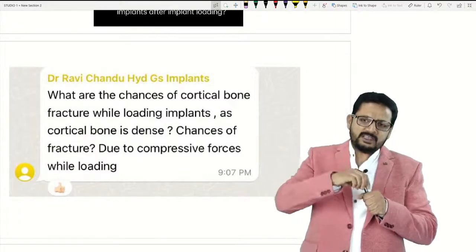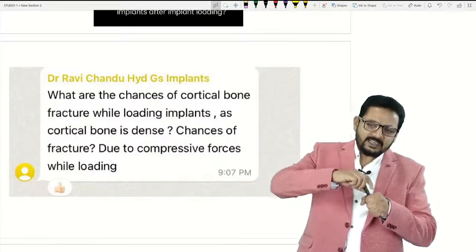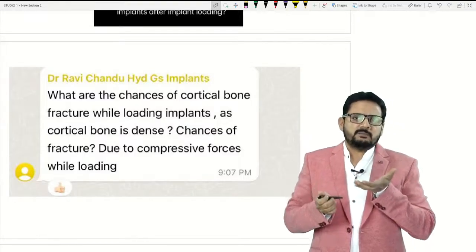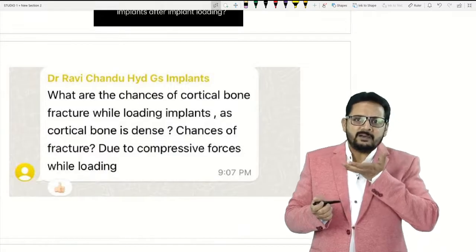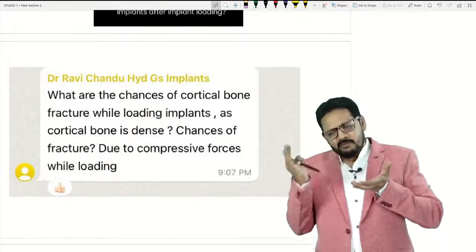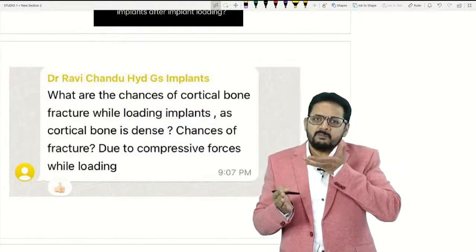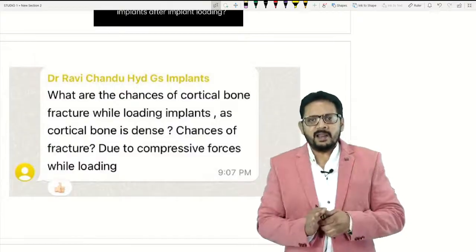Don't force it inside the bone, right? And whenever you are tightening the implant, always give proper support. This support will prevent torsional forces, if at all they occur, from fracturing the cortical plate.